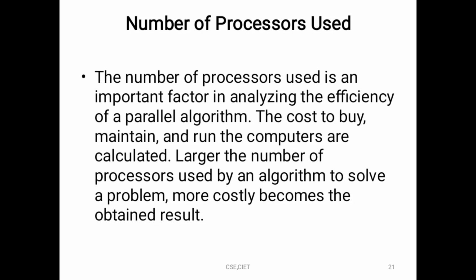The number of processors used is an important factor in analyzing the efficiency of a parallel algorithm. The cost to buy, maintain and run the computers is calculated. The larger the number of processors used by an algorithm to solve a problem, the more costly the result becomes. And the last one is the total cost.